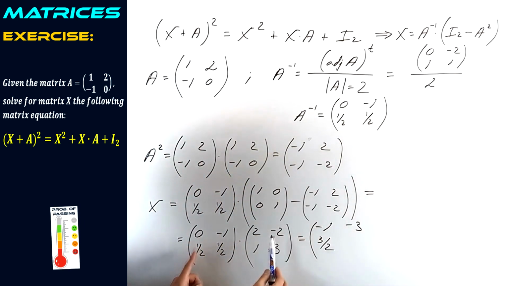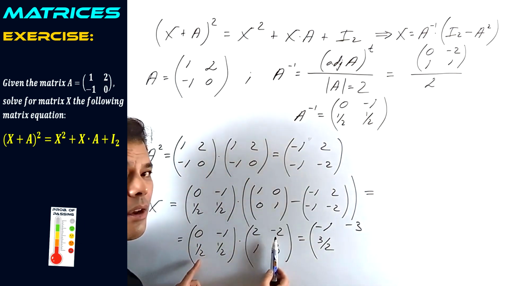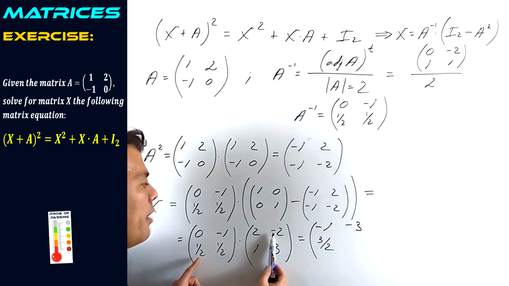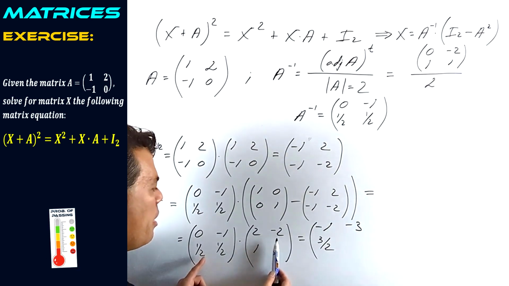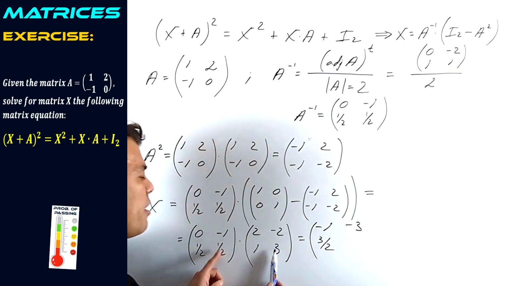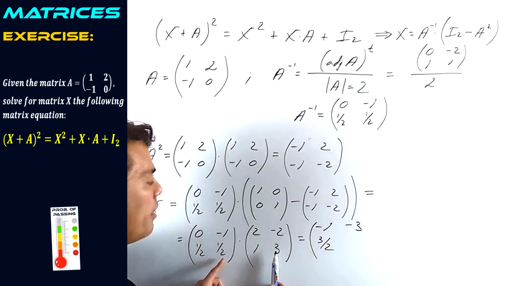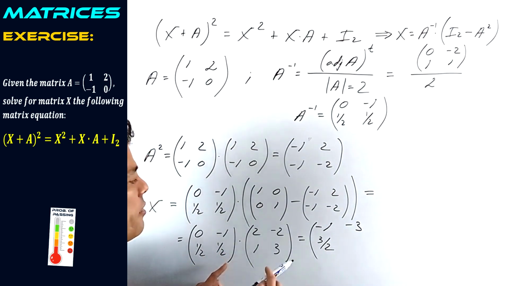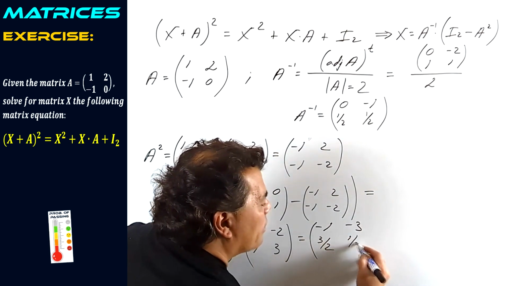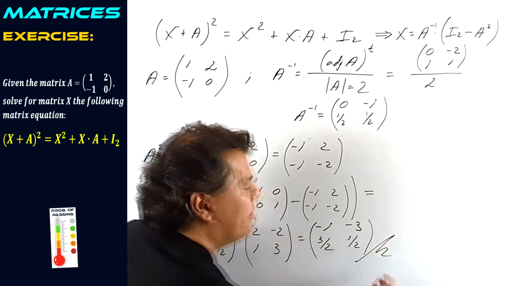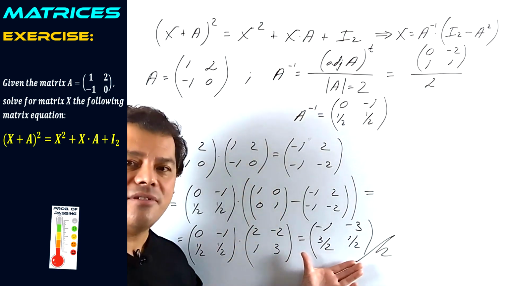And finally, 1/2 times -2 is -1. -1 plus 3/2 is 1/2. Use your calculator, and this is the final result.